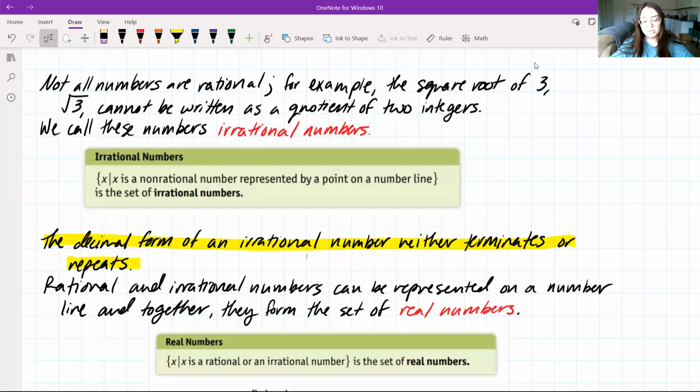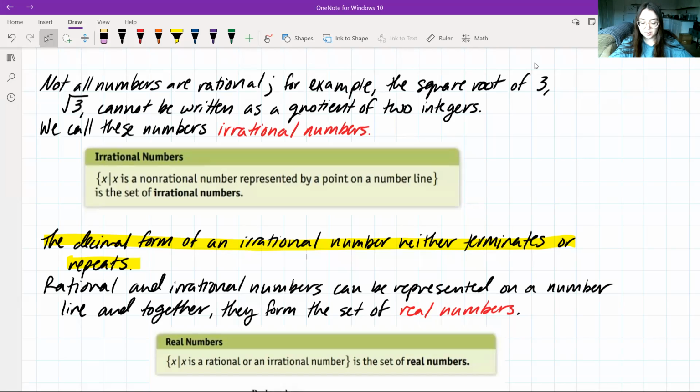So again, with our definition of irrational numbers, we have a set builder notation. We identify x, and we say that x has the property that x is a non-rational number represented by a point on a number line, and this is the set of irrational numbers.